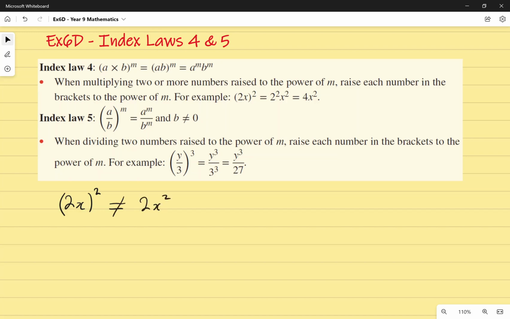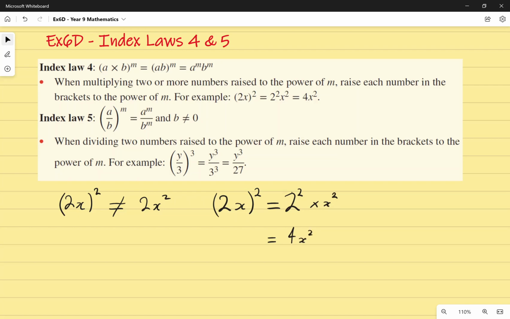When we expand expressions where we have the indices on the outside of brackets and two terms multiplied on the inside, we have to write it as 2x in brackets squared, and square every term within that. So we square the 2 and the x separately: 2 to the power of 2 times x to the power of 2, which gives us 4x squared.